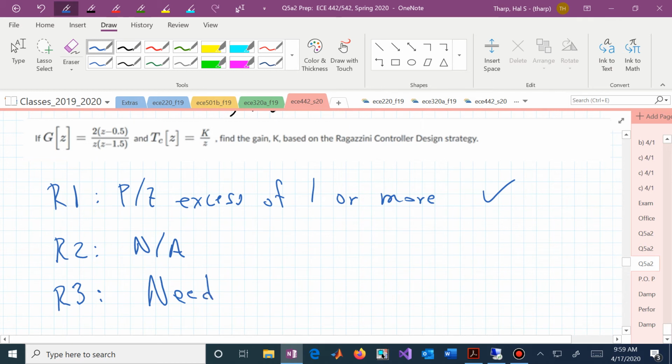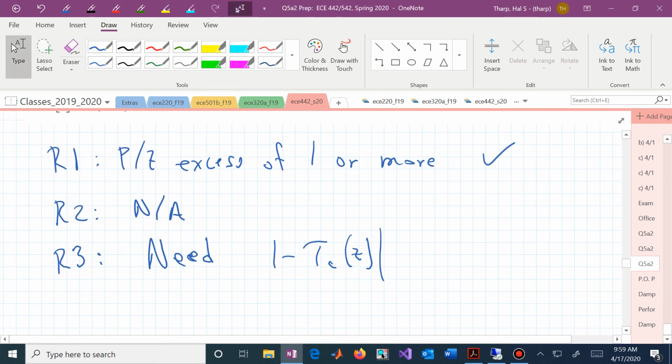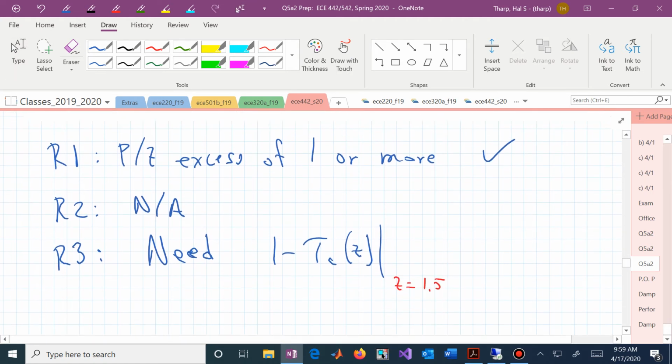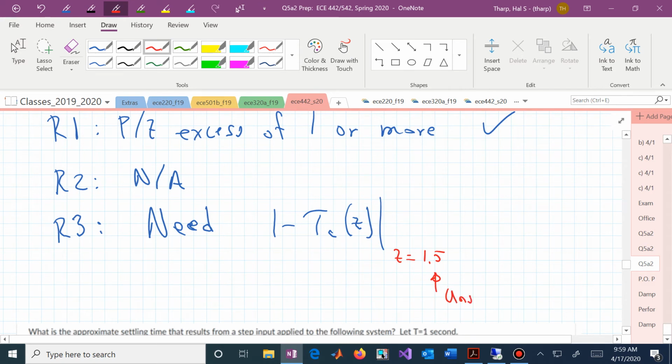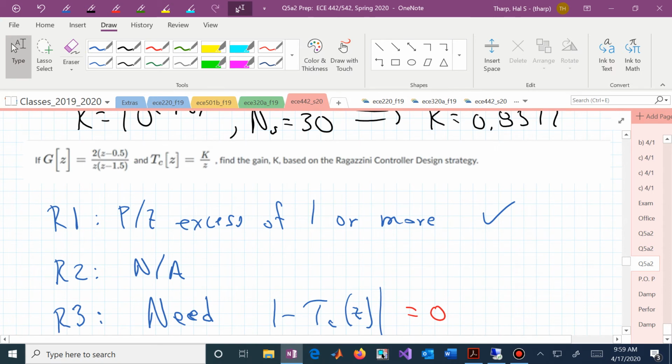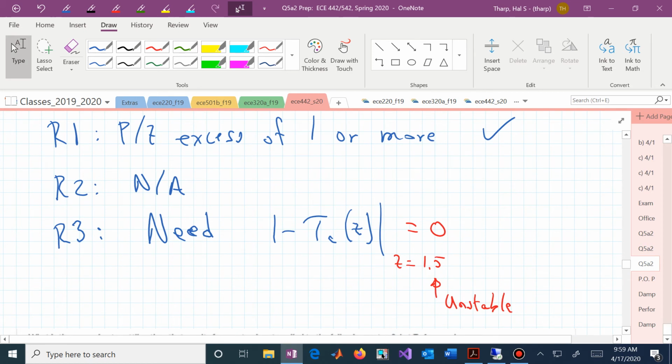And there we actually need to make sure that 1 minus T sub C of Z evaluated at the Z where we have that unstable pole factor at 1.5 equals 0, so that it will cancel that unstable pole in G of Z during our construction of the controller transfer function C of Z, so that C of Z doesn't try to cancel that.